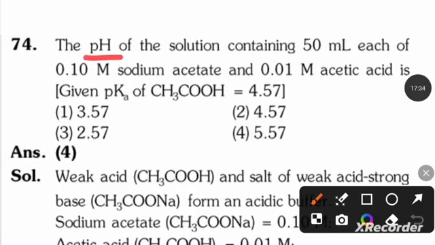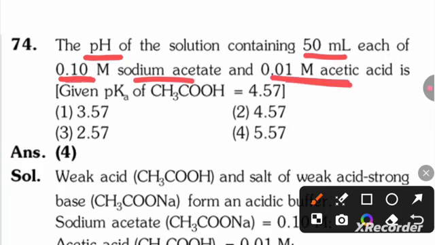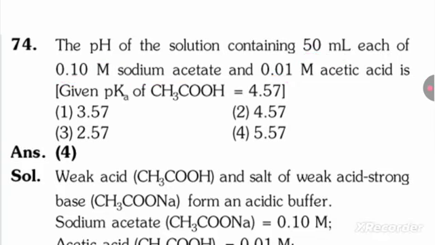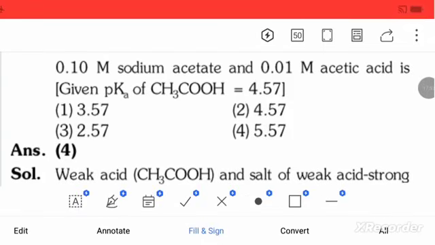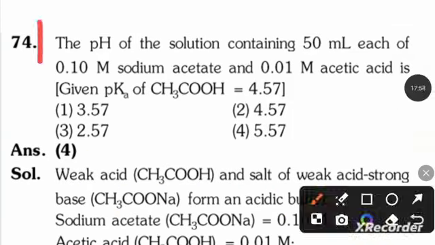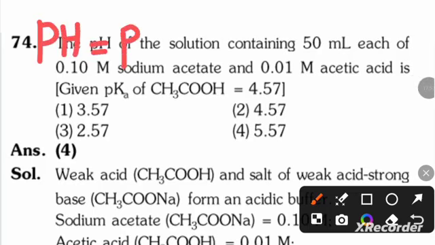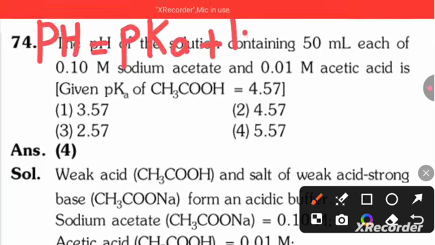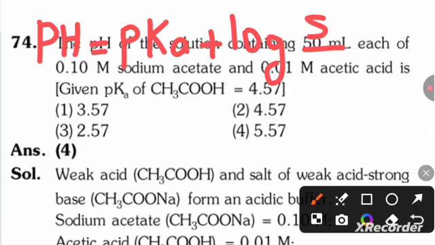The pH of the solution containing 50 ml of each of 0.1 molar sodium acetate and 0.01 molar acetic acid is... We need to find out the pH for this case. To find out the pH, we have a formula: pH is equal to pKa plus log of salt by acid.